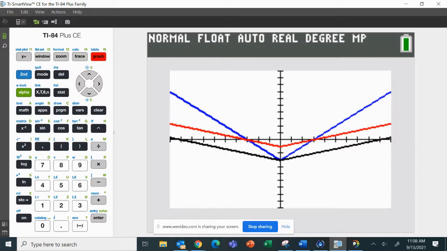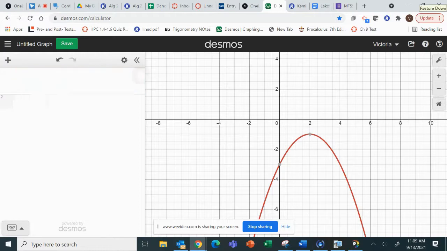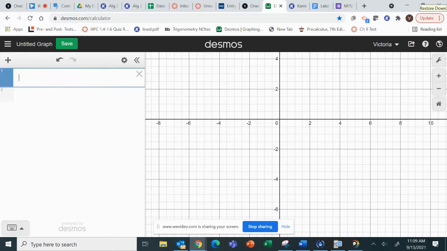I wish I could show you with Desmos. It's so much easier to show you in Desmos. Let me show you. So it was absolute value x minus 3, right?